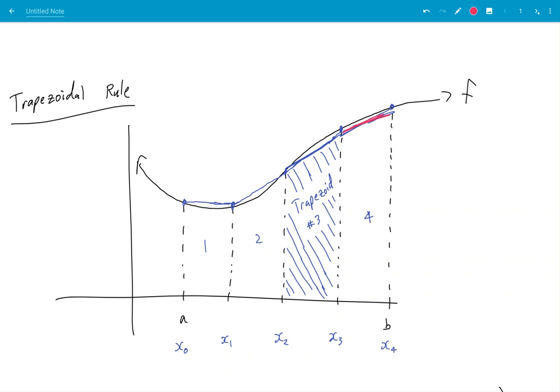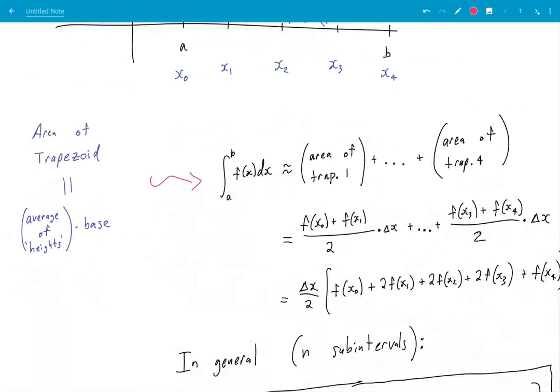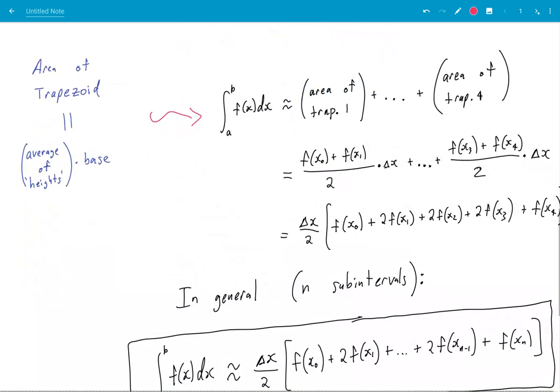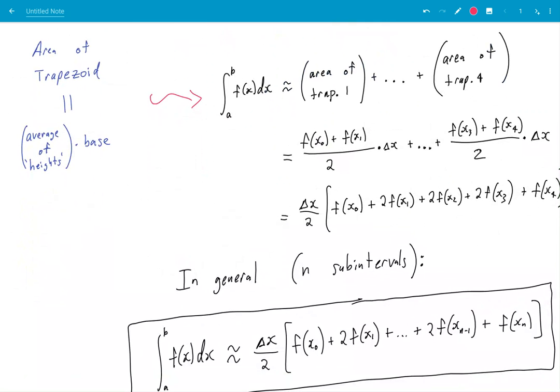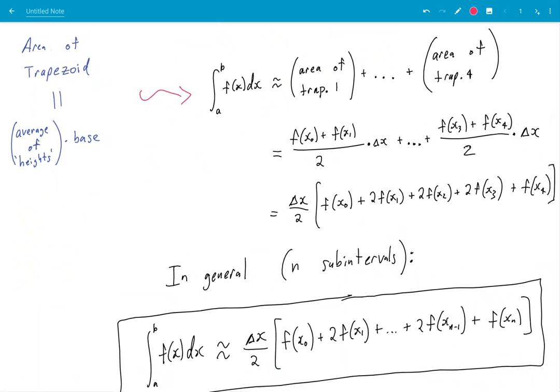Okay, so to approximate the integral, pause and copy all this. I'm going to add up the areas of those 4 trapezoids.